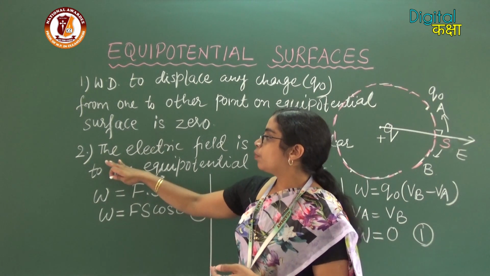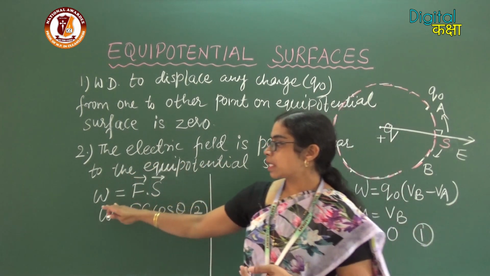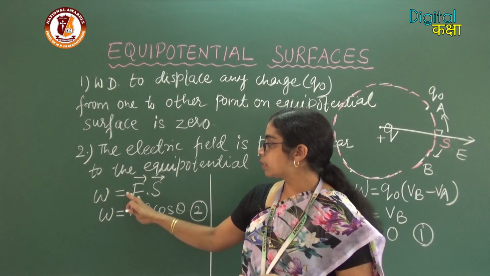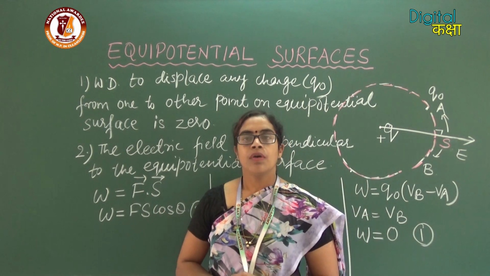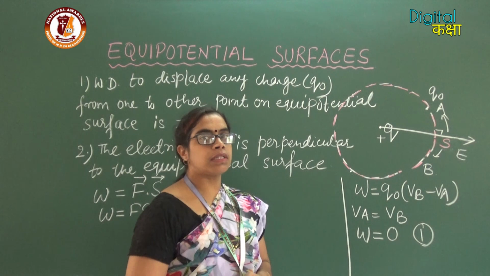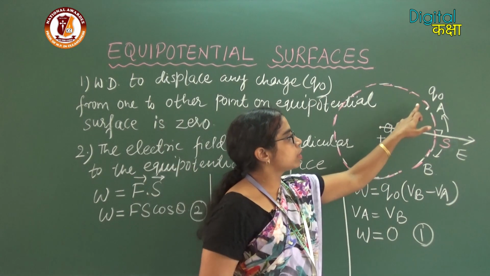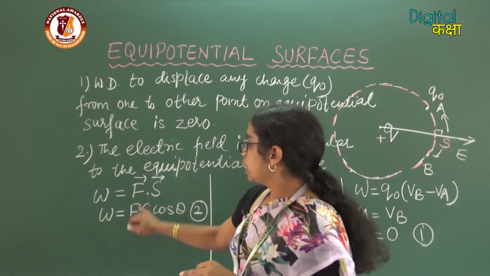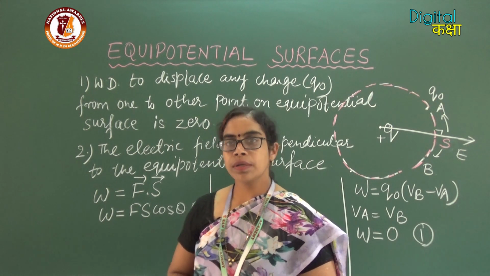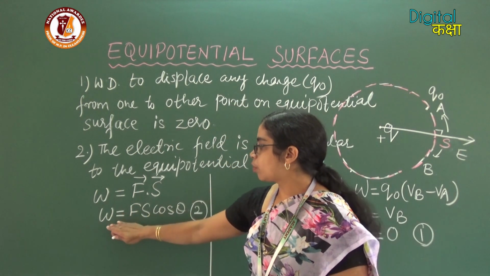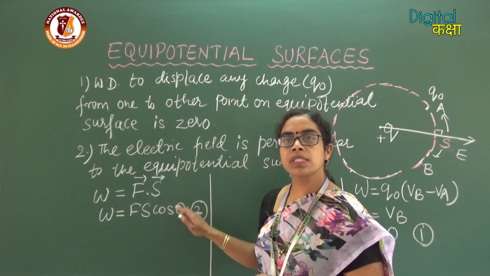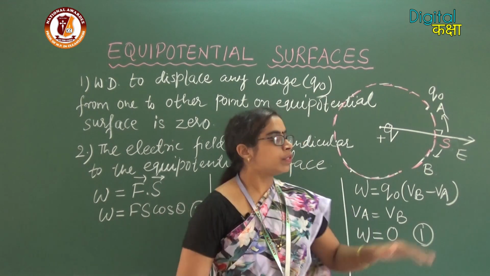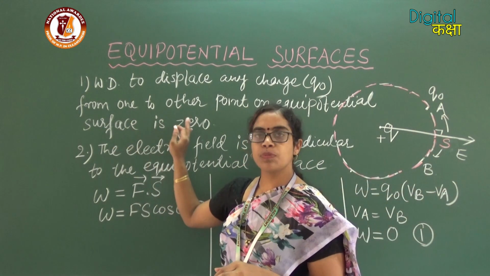In order to prove this second property, let us calculate the work done now by the formula W is equal to vector F dot vector S, where vector S is representing the displacement of the charge Q naught from A to B. After removal of the dot, we get the formula Fs cos theta. We are supposed to prove this theta to be equal to 90 degree, which is marked here in the figure as per this property.